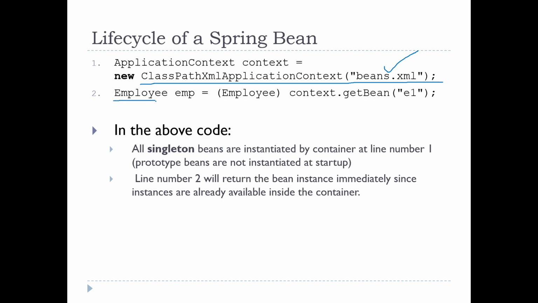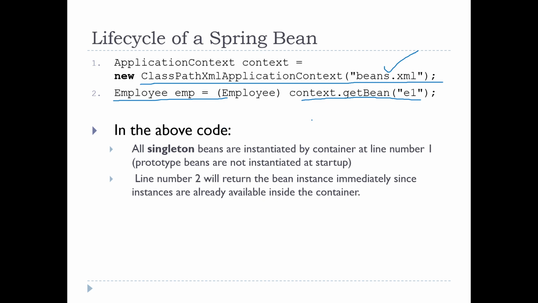And when the second line, which is when we are actually requesting the bean E1 from the context, at that time, it is only going to return the instance which is already created and present in the cache. So it is only going to return this available object to our Java code.